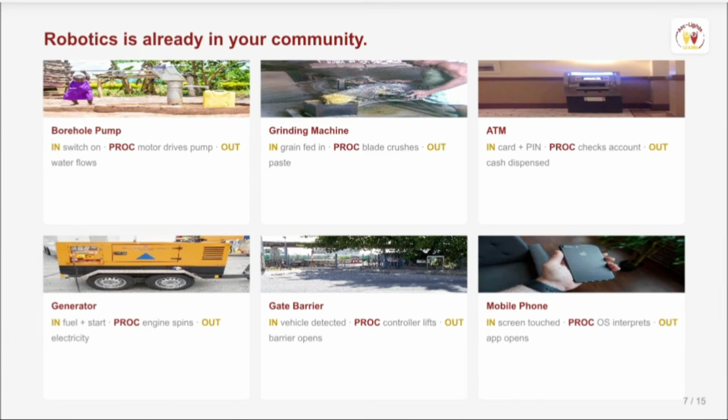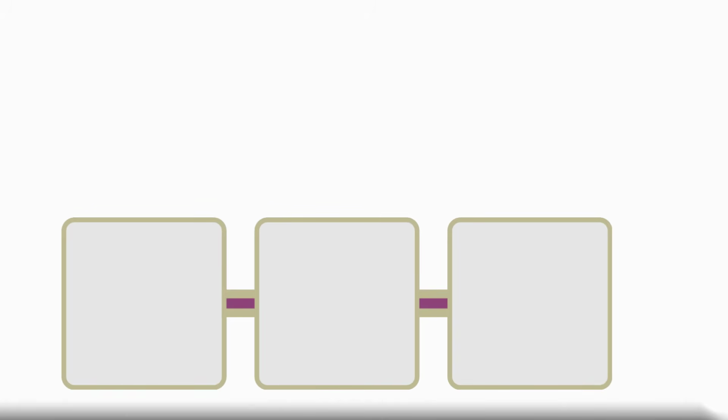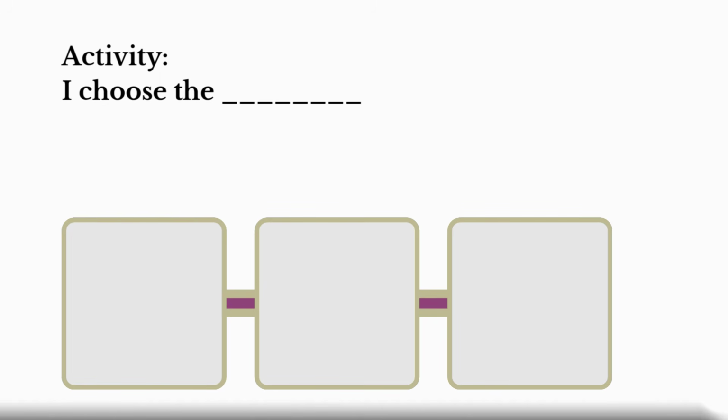Now it's your turn to draw an IPO model. I need you to look at the list on the screen. We have talked about the borehole pump and the grinding machine. I need you to choose one machine from the remaining 4 machines that are left. On your piece of paper, draw 3 blank boxes and write the IPO model for the machine you have selected.